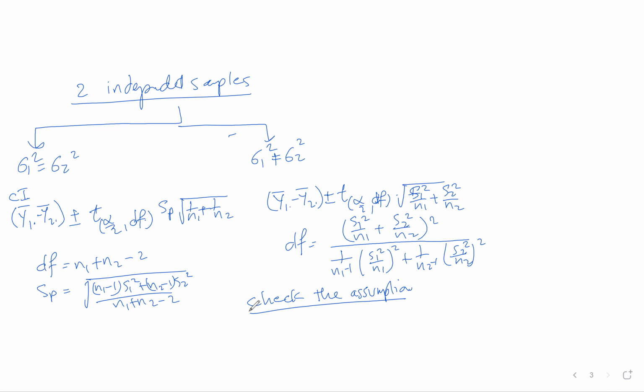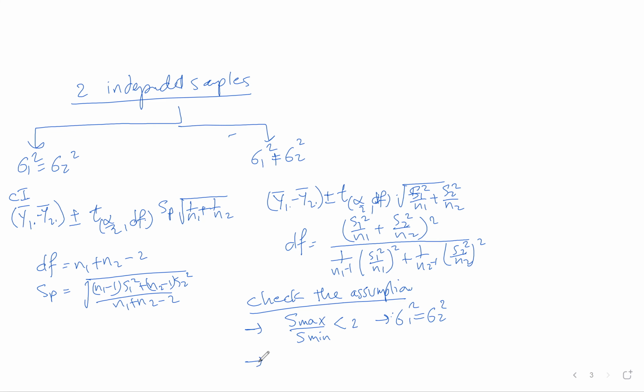There are two ways. The rule of thumb is s maximum divided by s minimum. If this ratio is less than 2, assume sigma 1 square equals sigma 2 square. If it's greater than 2, assume sigma 1 square doesn't equal sigma 2 square.